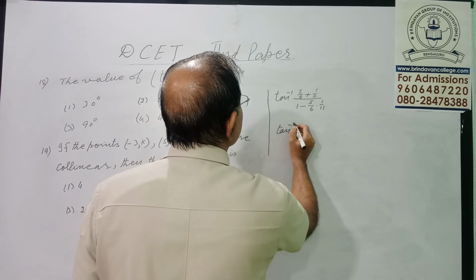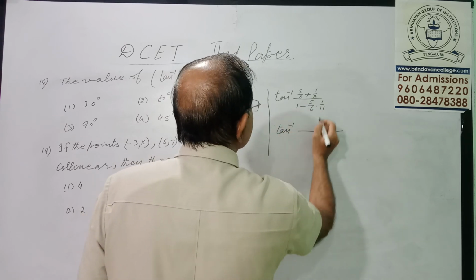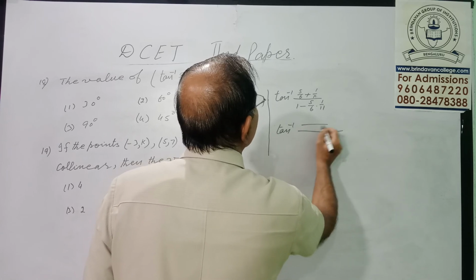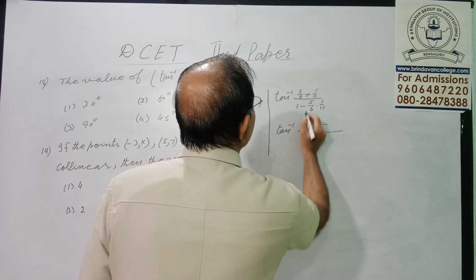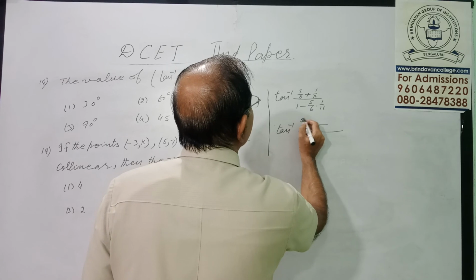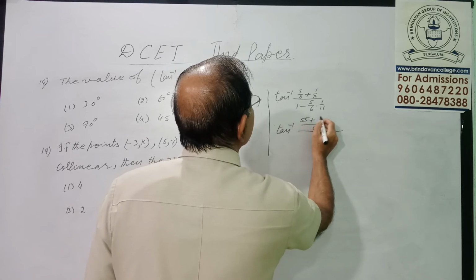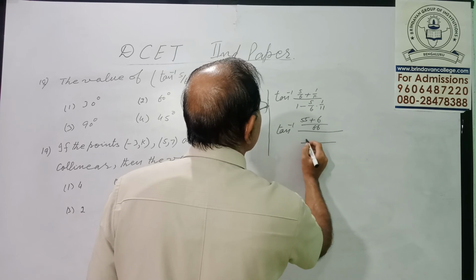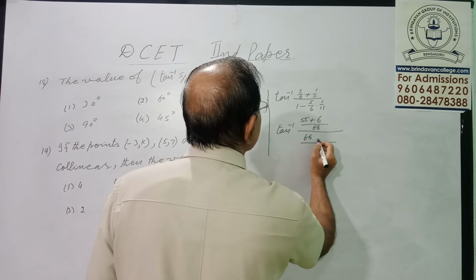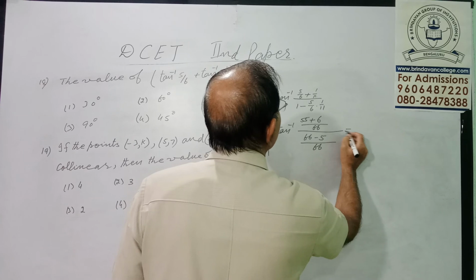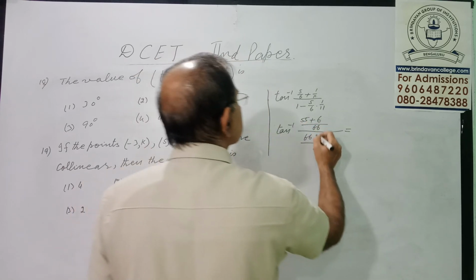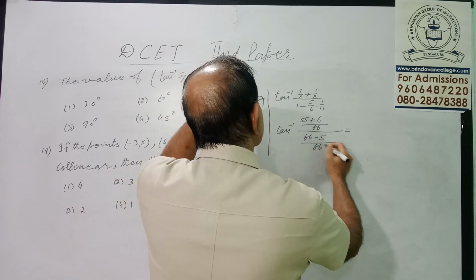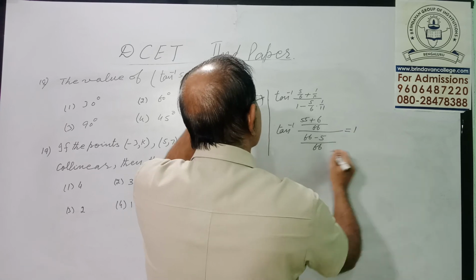Equals tan inverse, LCM 66, 55 plus 6 over 66 minus 5, which will come out to be 61 by 61, that is 1.